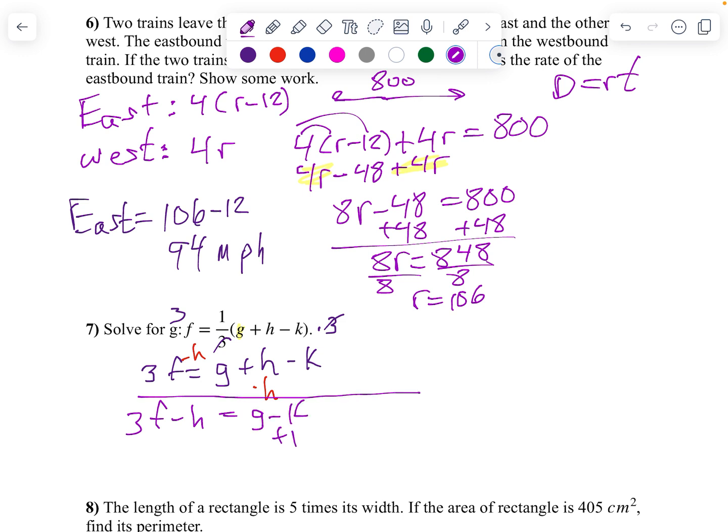Then I'll add K to both sides. So G is 3f minus H plus K. And there we have G by itself, which is what I wanted you to solve. That's all we got to do in that one.